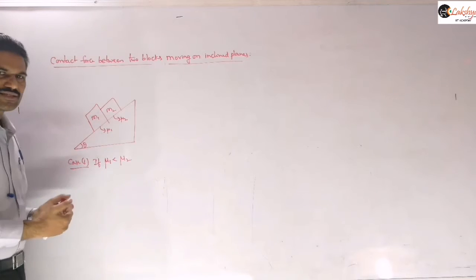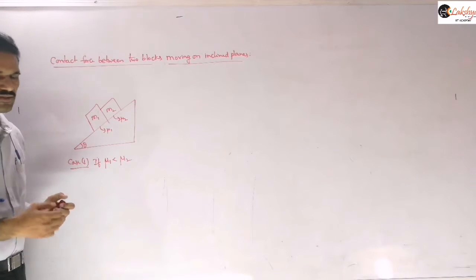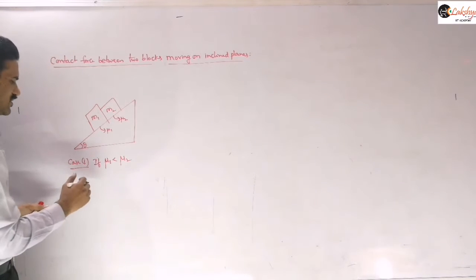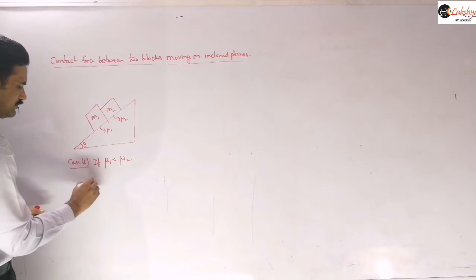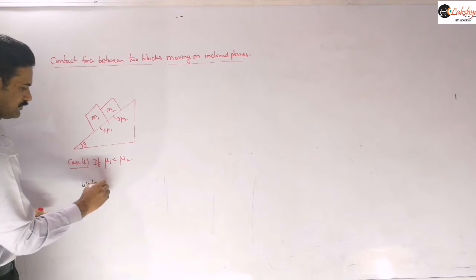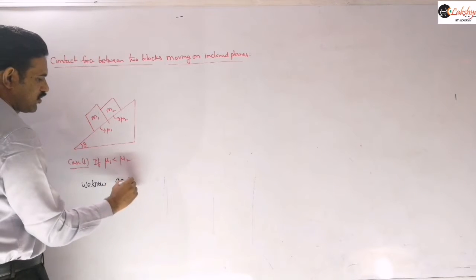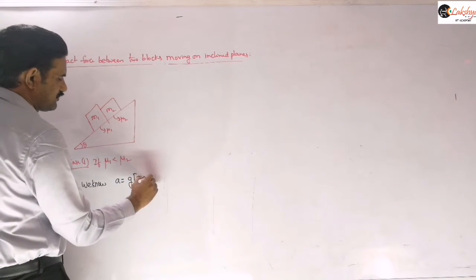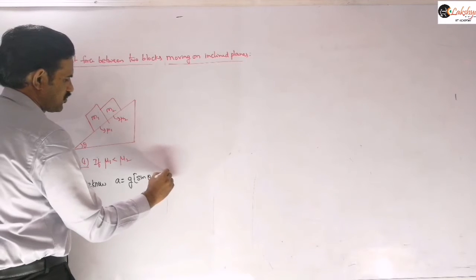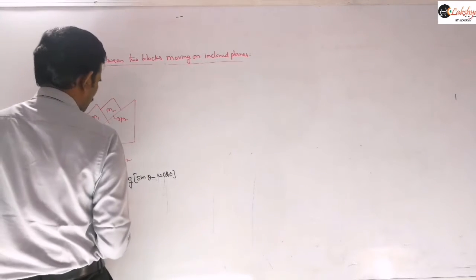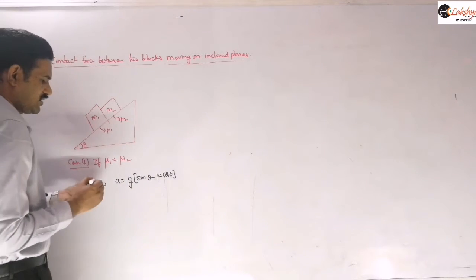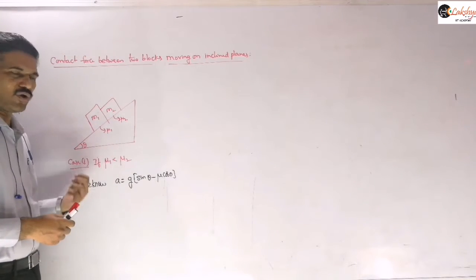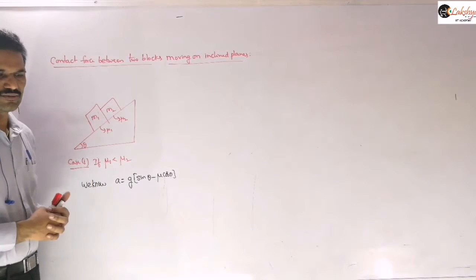Then if this is the situation, you may write the acceleration of the block. We know that the acceleration of the block can be written as g sin theta minus mu g cos theta, right? So this is the acceleration of an object sliding down the inclined plane.